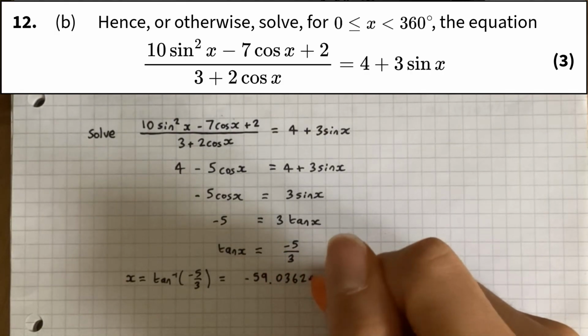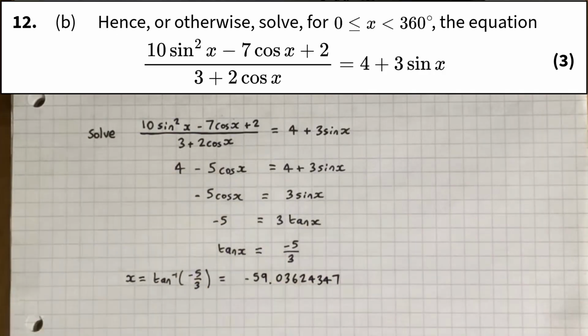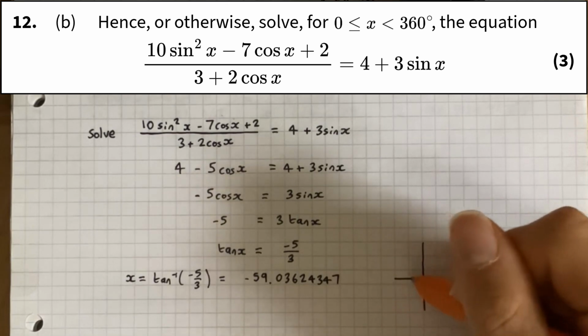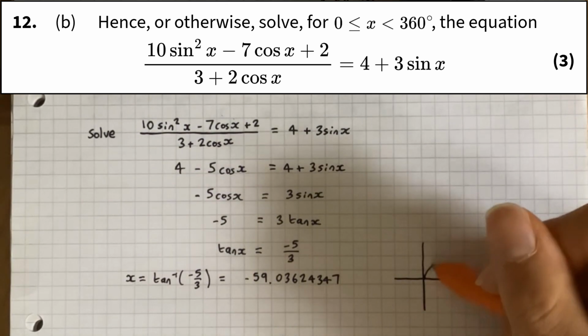You'll notice that this answer is negative, hence it's not in the range. So we have to think about the tan graph, or use the CAS diagram if you really want, to find all of the solutions in the right range.